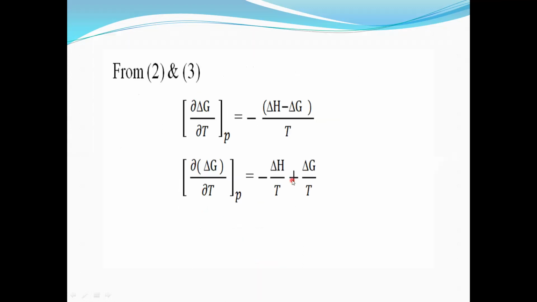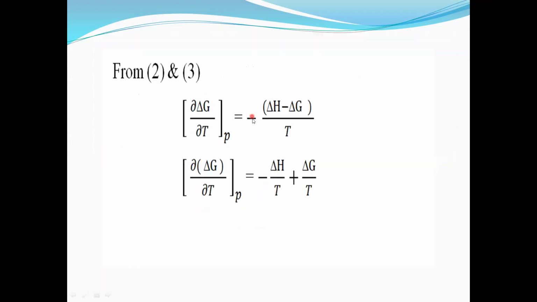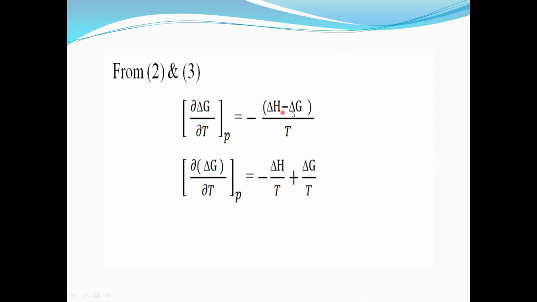So we get, this is the left hand side of equation 2, that is the partial derivative of delta G with respect to T at constant pressure is equal to, now what is the value of delta S? Here minus is there, so that is minus. And what is the value of delta S? This one, delta H minus delta G divided by T. To put the values, minus (delta H minus delta G) divided by T.